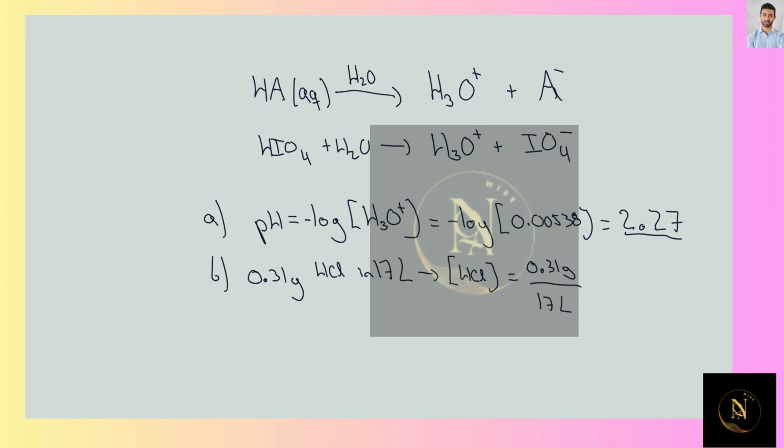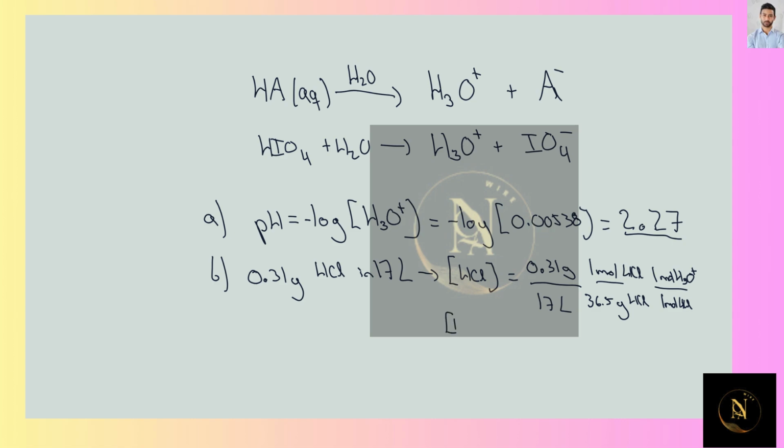The molar mass is 36.5 grams of HCl per mole, and 1 mole of HCl produces 1 mole of hydronium ion.